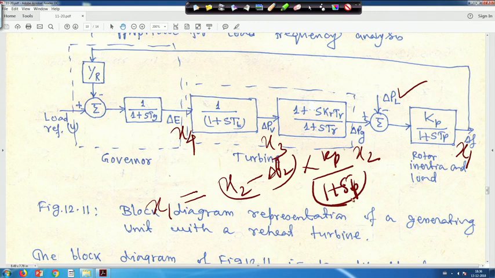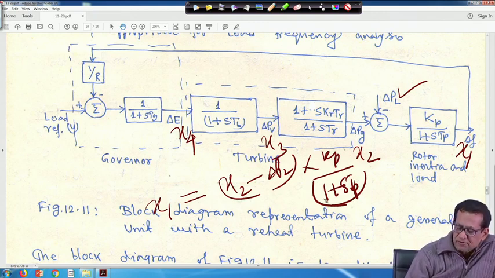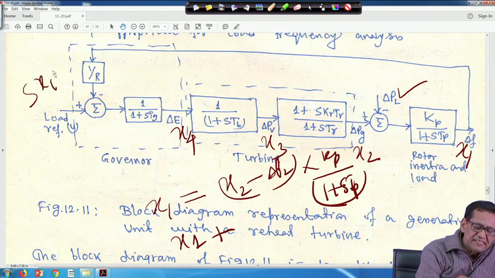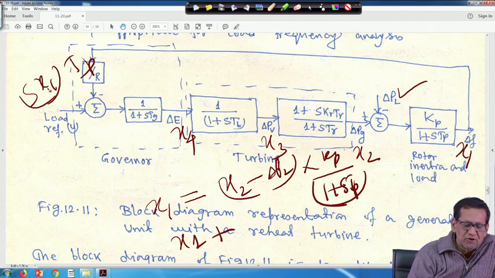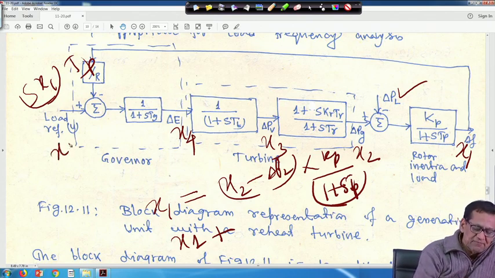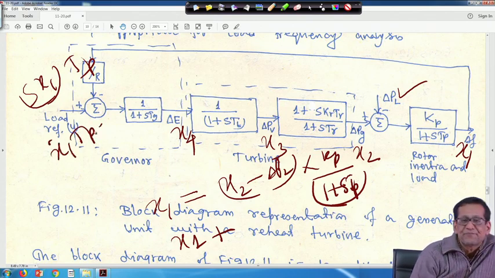So, now if you cross multiply, it will be x1 plus S x1 into Tp, but S x1 is nothing but x1 dot, right. So, it is nothing but x1 dot into Tp.